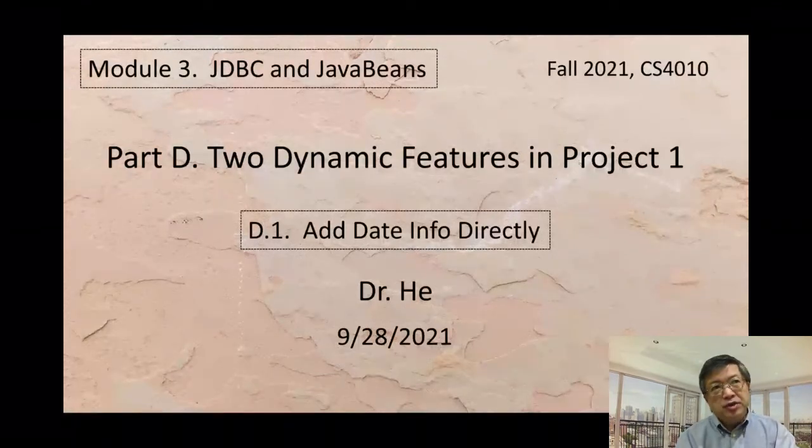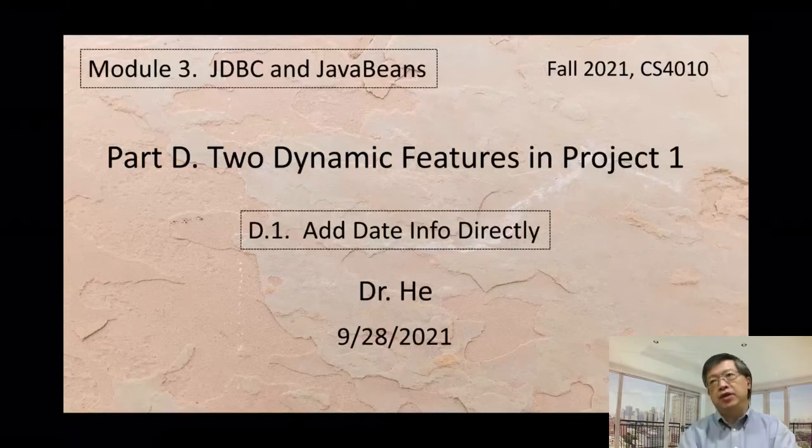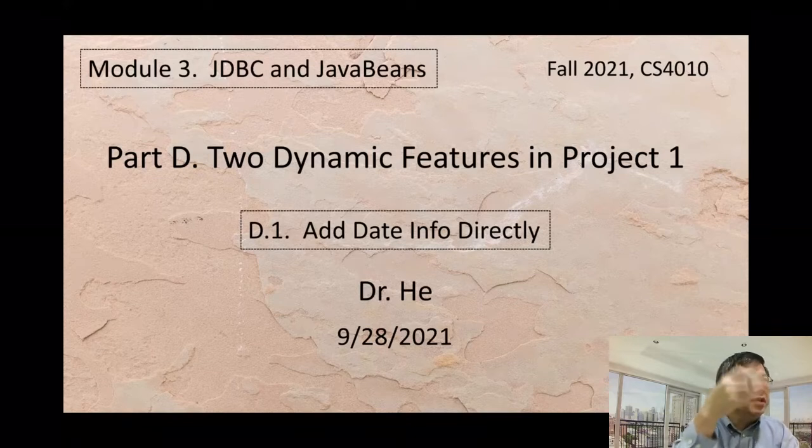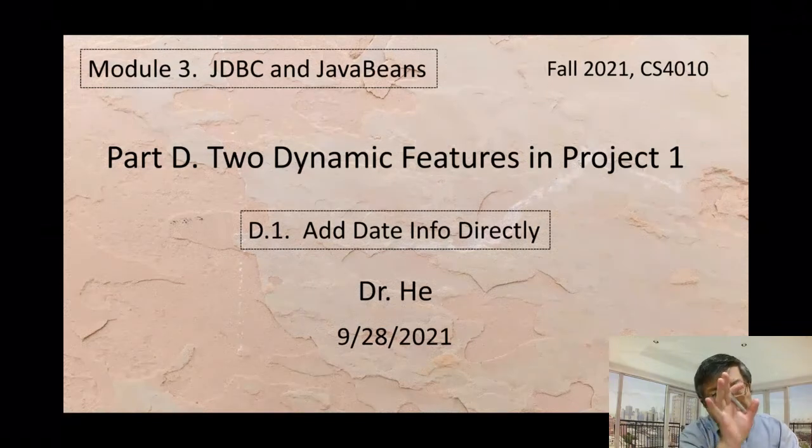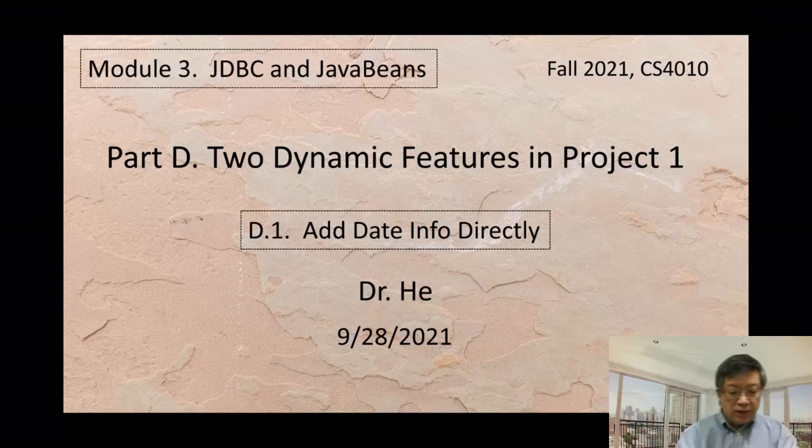Here I plan to use the first two videos to explain the first dynamic feature. Then I estimate I need another 4 small videos to explain the second feature, because the second feature has a little more things I need to explain. All right, so let us start with the first one, D.1.